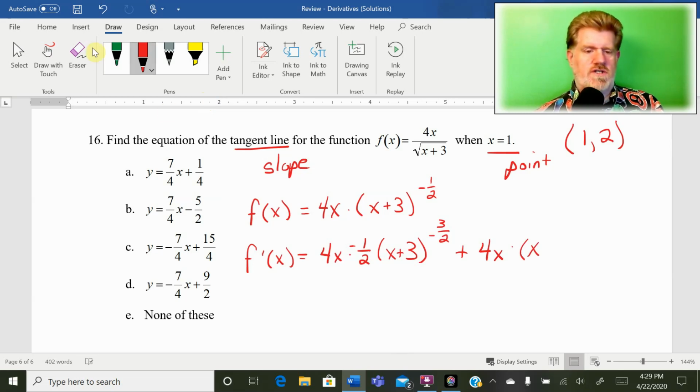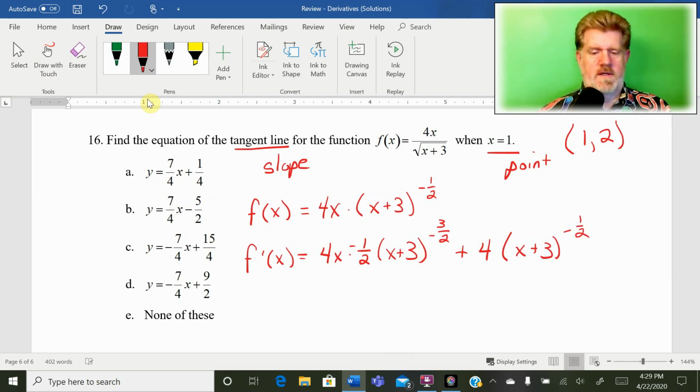The derivative of the first is 4 times the second, which is x plus 3 to the negative 1/2. At this point, I'm going to plug in 1. I'm not going to worry about simplifying it. So we'll do each part separately.